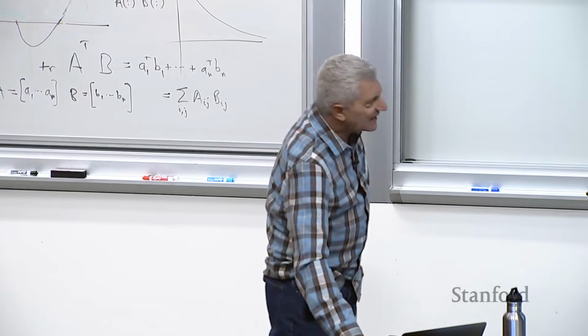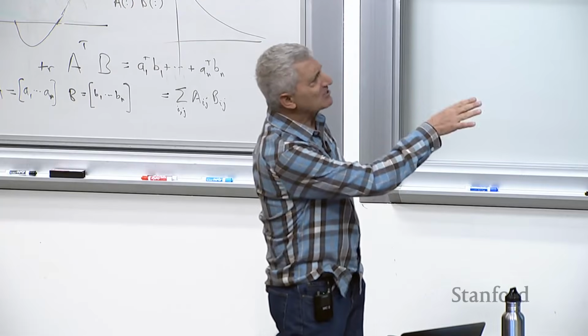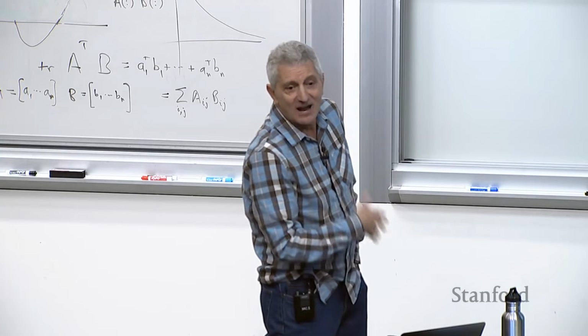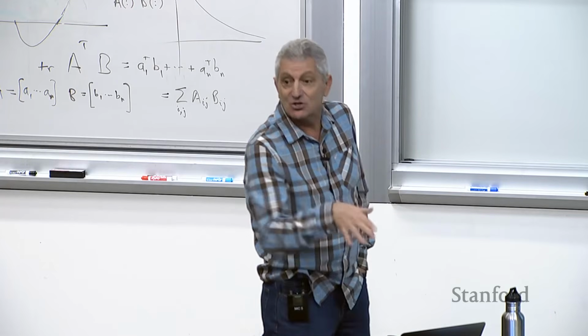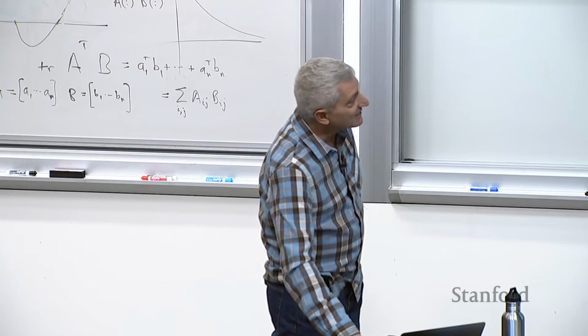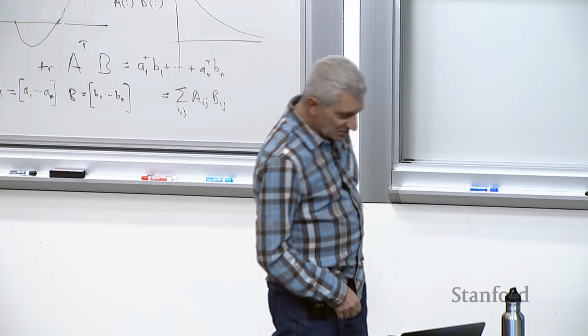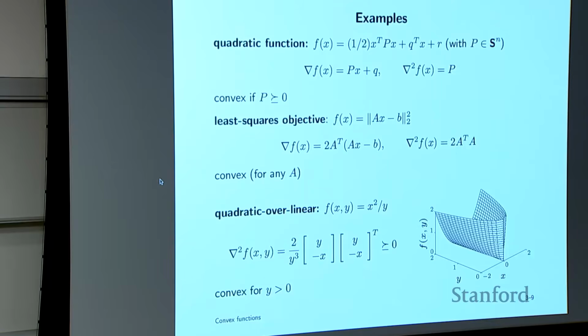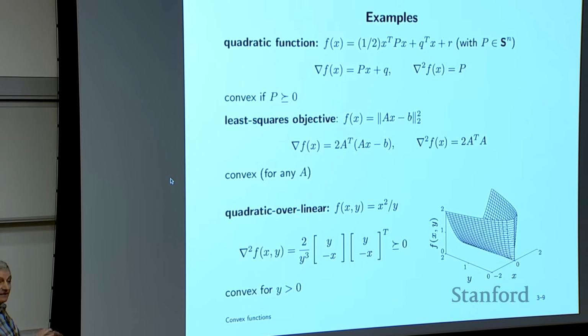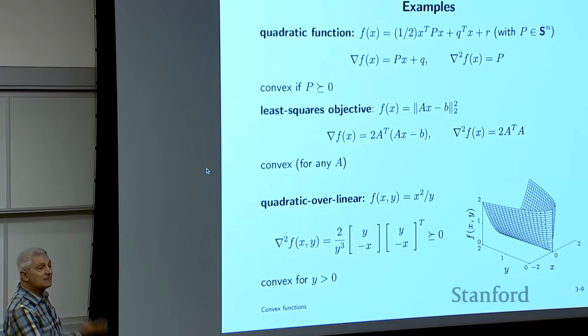Again, these are actually really easy to show, so I'm not going to do that, but it's a good way to start thinking about these things. Okay, so let's look at some examples. The first one, here's a quadratic function. This is a quadratic form, right? It's x transpose Px, where P is a symmetric matrix.